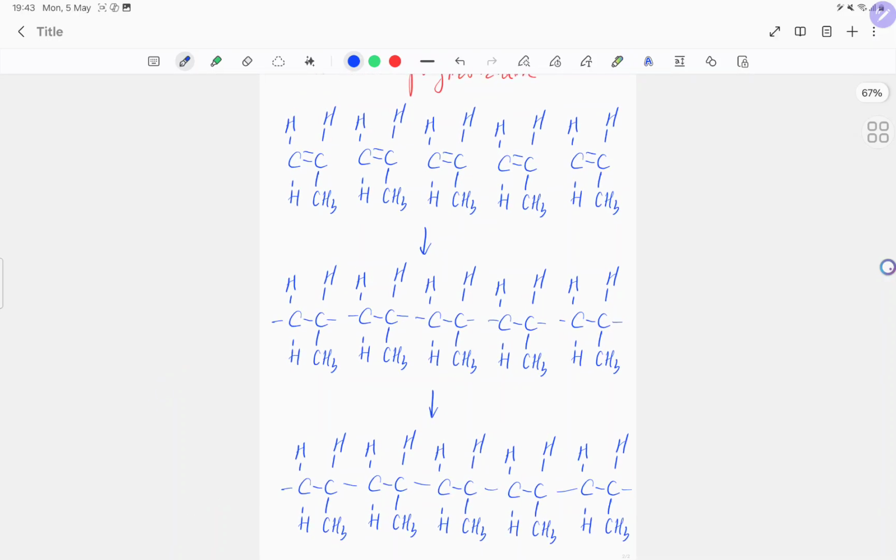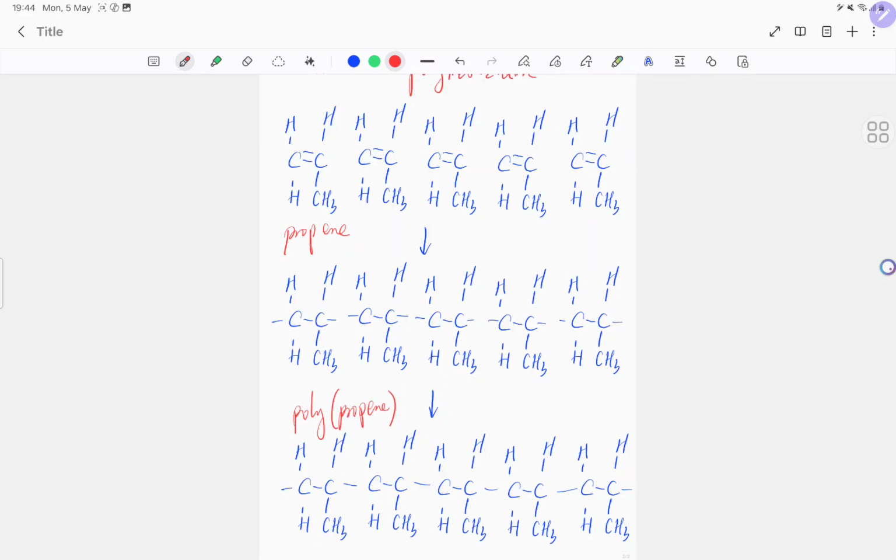So from the molecules here, you just form a long chain of polymer. And the monomer of the polymer here is propene. Understood? We call this the monomer. The monomer of this one is propene. So this is one propene, and this is called polypropene.